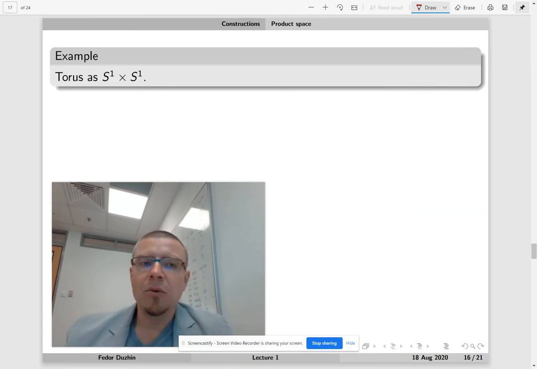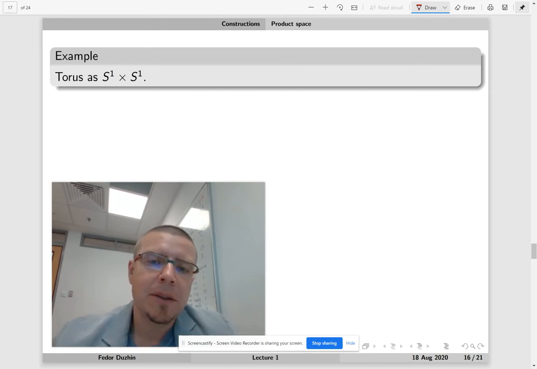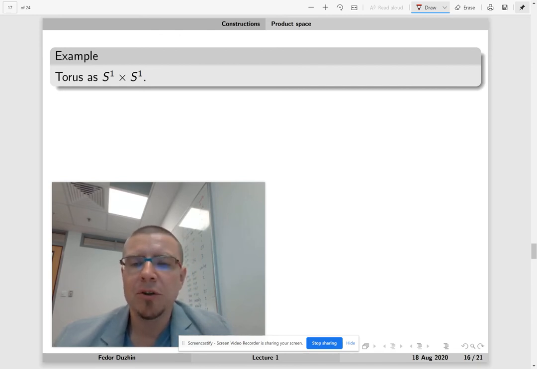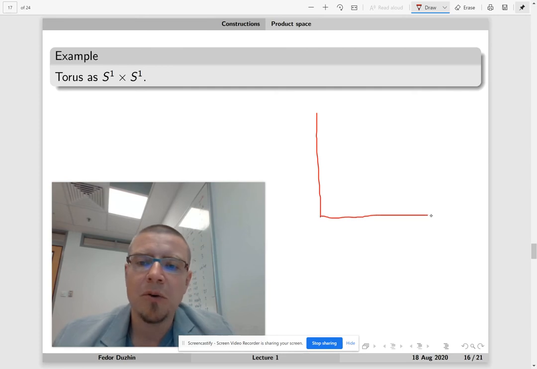Okay, so why is the torus the product of two circles? Here is why. Recall that we saw that a circle is a line segment with two opposite endpoints glued to each other, right? So let me draw this. This is a line segment, and what is the product of two line segments?